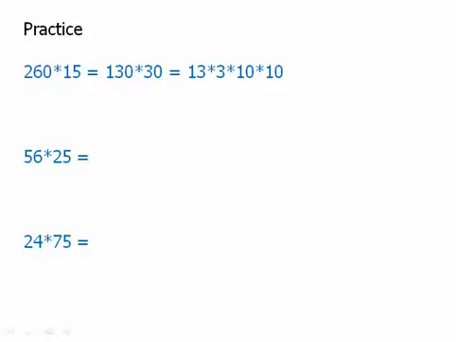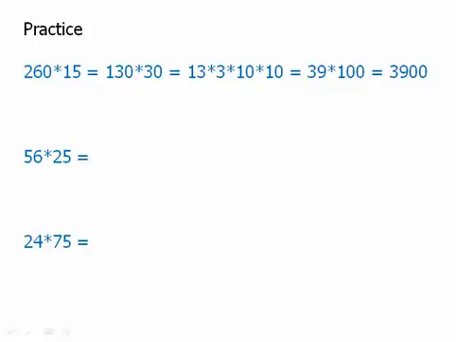And then the 13 times 3, again, this is the kind of simple mental math, a one-digit number times a low two-digit number. That's something you should be able to do in your head. 13 times 3, that's 39, and then just tack on 2 zeros, and we get 3,900. That's the answer.